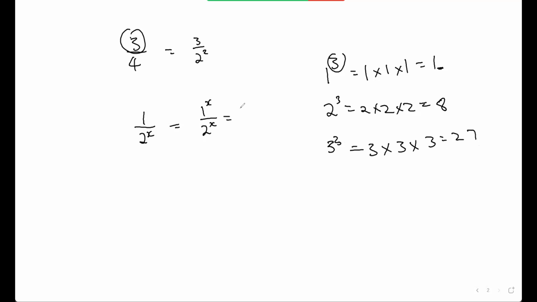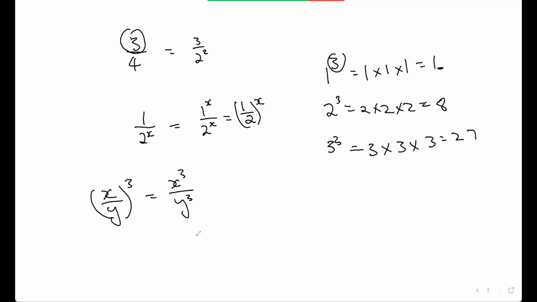So here, I can also have, from the laws, 1 over 2 exponent x. Do you see? You remember when you did x over y, then exponent 3, you would write it as x exponent 3 all over y exponent 3, right?